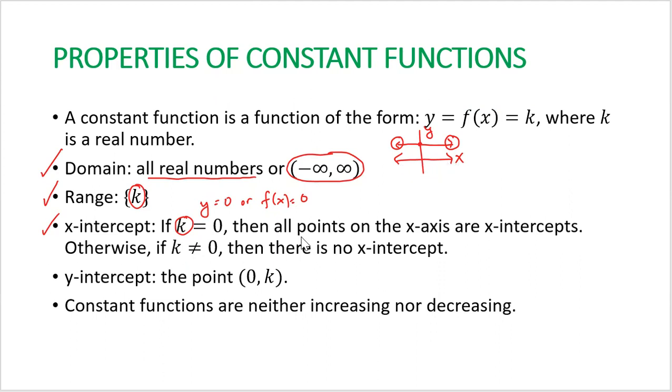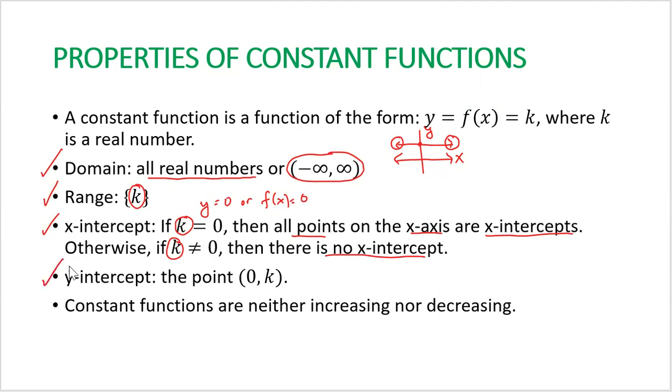So which means that all the points on the x-axis are considered as x-intercepts. Now otherwise, if the value of k is not equal to 0, then the horizontal line will never intersect the x-axis. So which means that the constant function has no x-intercept if k is not equal to 0.